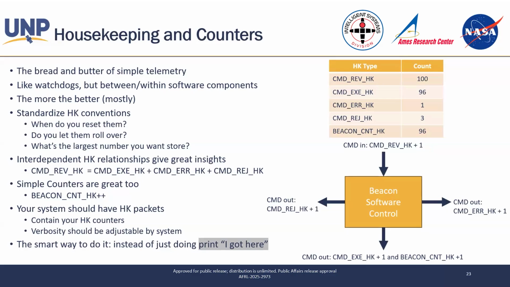You should do that because this is very cheap to downlink. You can make these things very small integers, and those are very easy to downlink in your housekeeping packets and your telemetry packets. It's much better than having a print statement that says something like, "I got here." We all do that when we're coding, and that's fine when we're initially designing something. But at some point, you're going to have to downlink that data, and that string is much larger in terms of bytes than just a simple integer that you're incrementing.